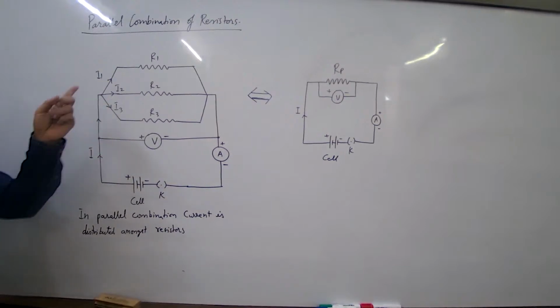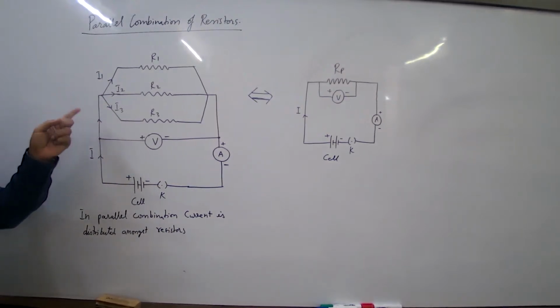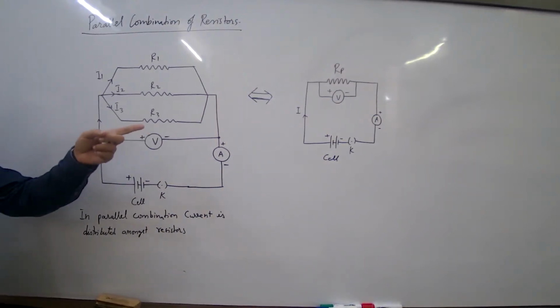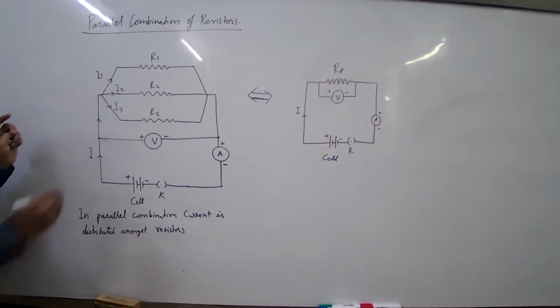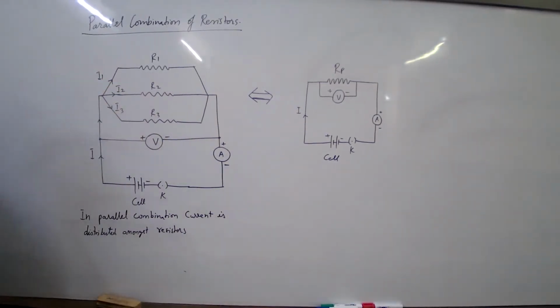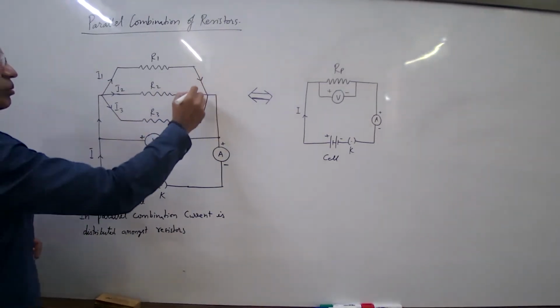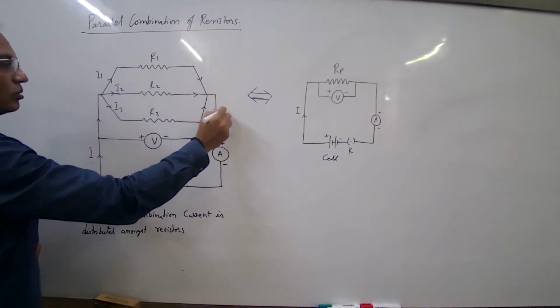In series, there is only one path, so all resistances carry the same current. But here, the current is divided into three different paths. And over here, it will combine again. So it becomes I here again.